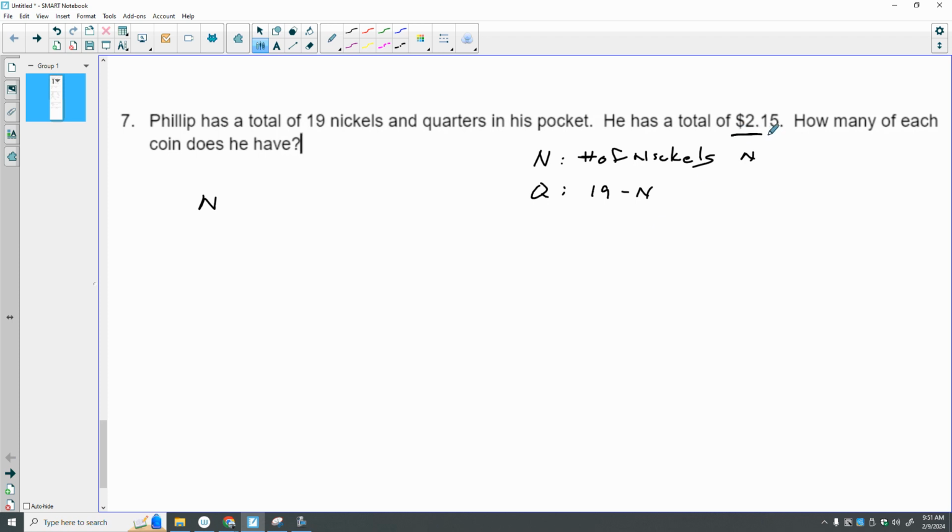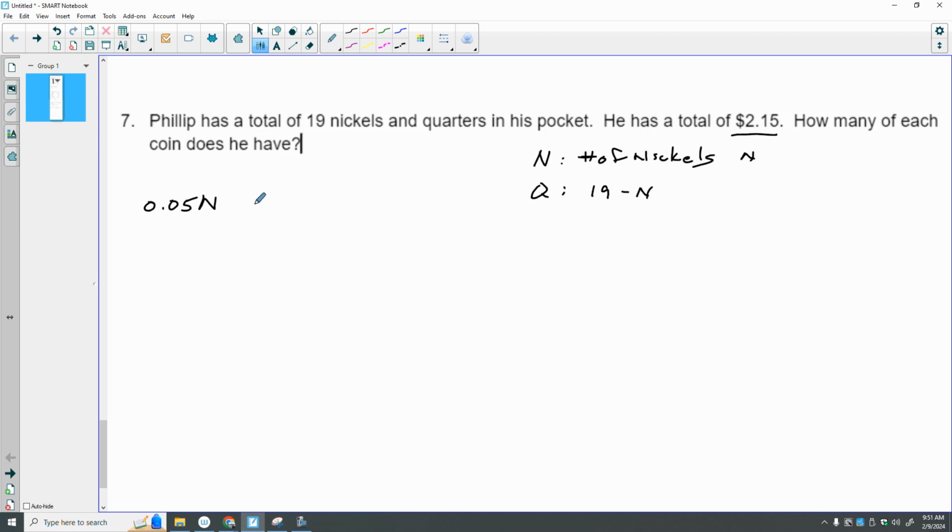He has a total of $2.15. So now we don't care about the number of coins, now we care about the value of coins. The value of a nickel is 5 cents. So the value of nickels Philip has in his pocket is 5 cents per nickel times the number of nickels.